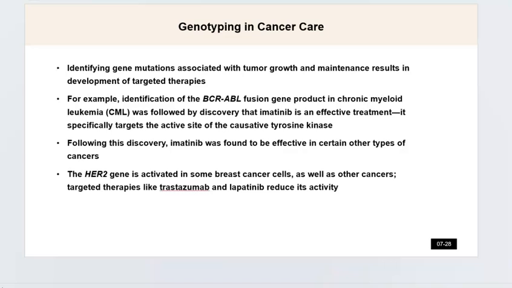Launching into genotyping and cancer diagnosis and treatment. This is a huge area of study, and it has come such a long way in the last 30 years. So the approach to the treatment of cancer is obviously going to depend on the type of cancer, where it's located, and how far it's progressed. The three main typical things we think of for treatment of cancer are surgery, radiation, or chemotherapy.